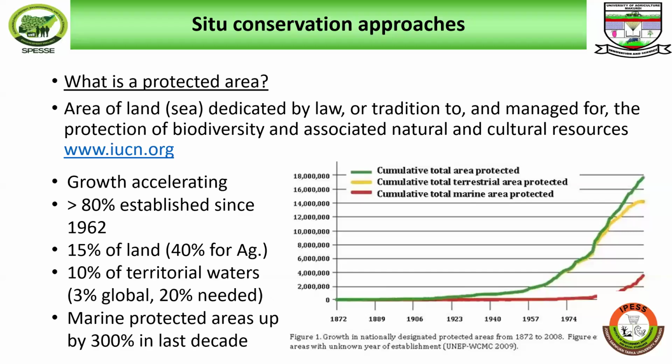This particular graph or chart shows the total area that is protected in the world as we speak. The green one shows us roughly about 18 million cumulative terrestrial area protected. And then we have a lower value for the total marine area. And about 80% of what we have here has been established since 1962.